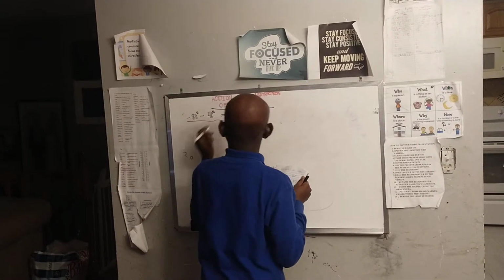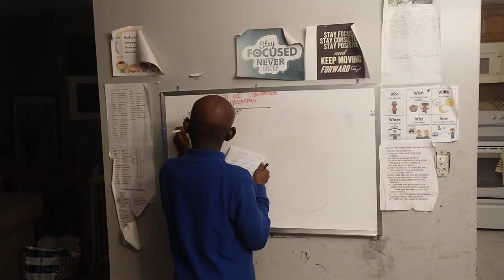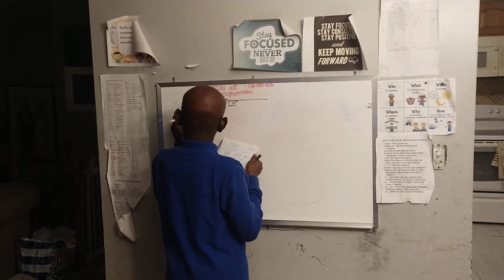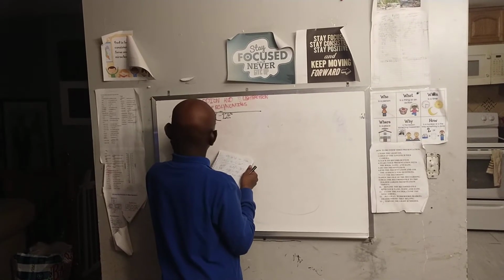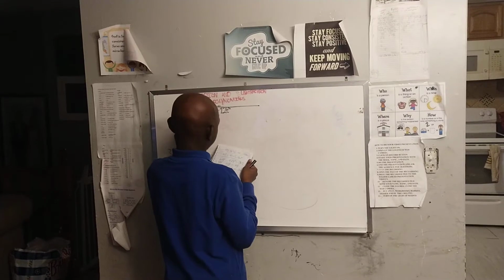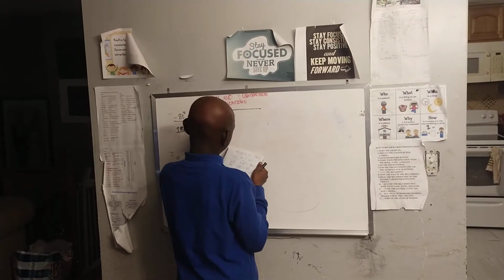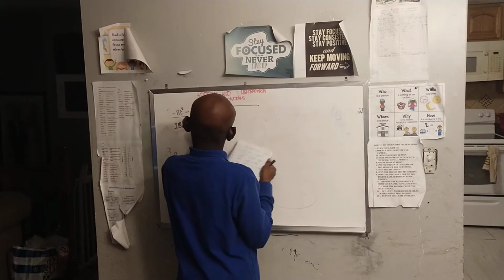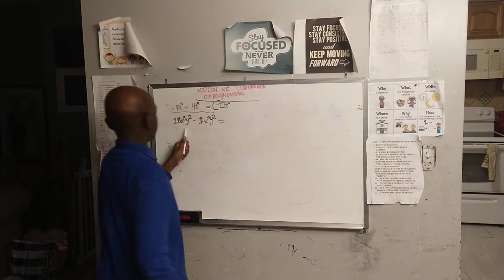And let's try another problem. 18x to the 5th y squared minus 11x to the 5th times y squared. Let's check.